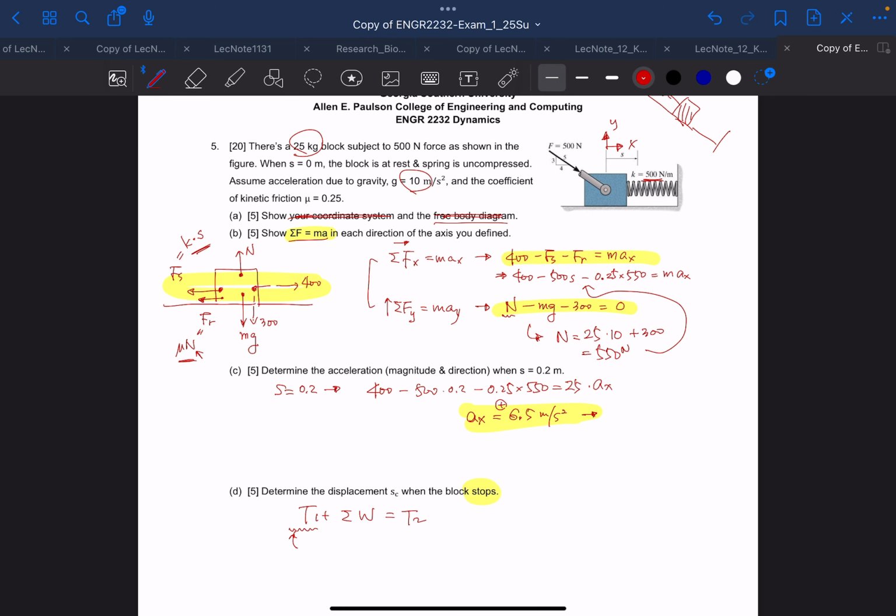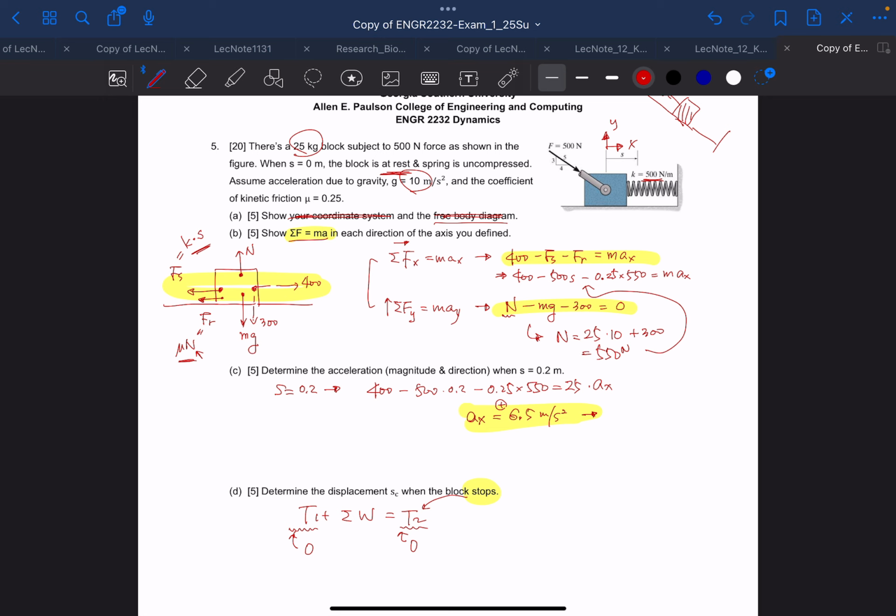It starts with a velocity, or is it at rest? Yeah, the block is at rest. So this guy is going to be 0. And T2 is when the block stops, so that's going to be 0 as well.